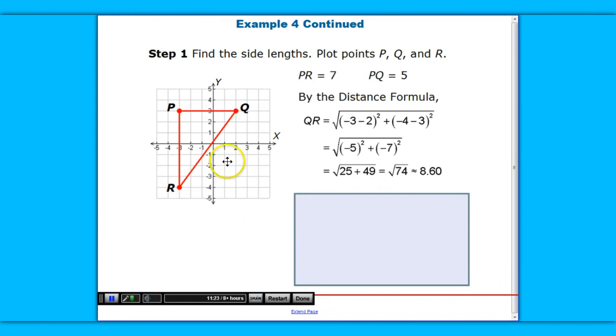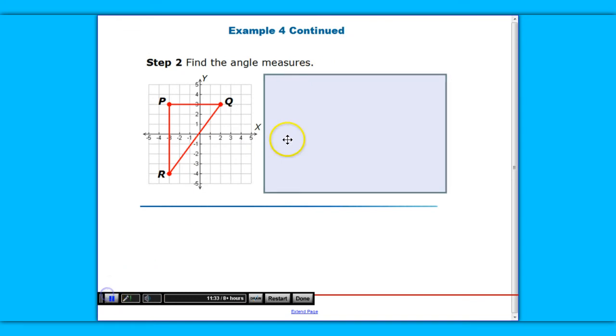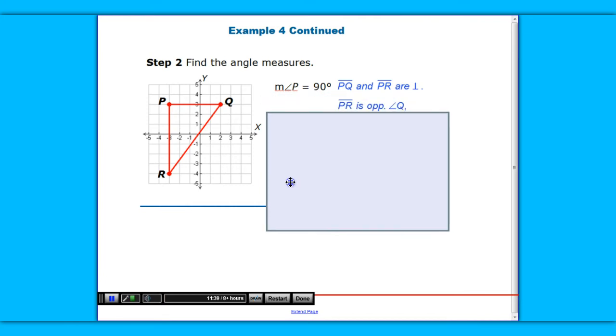Now that we have all side lengths, we can find angle R and angle Q using any of the ratios that you would like to use, right? So again, angle P is 90 degrees because PQ and PR are perpendicular segments.